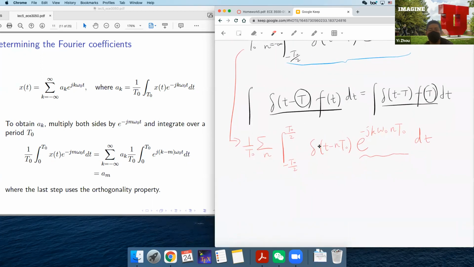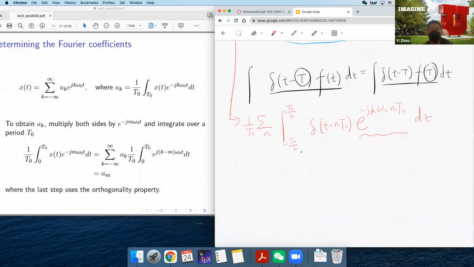So it looks like the only case that this integration gives a non-zero result would be n equals 0. So we get 1/T0, where n is from -infinity to +infinity, only n equals 0.